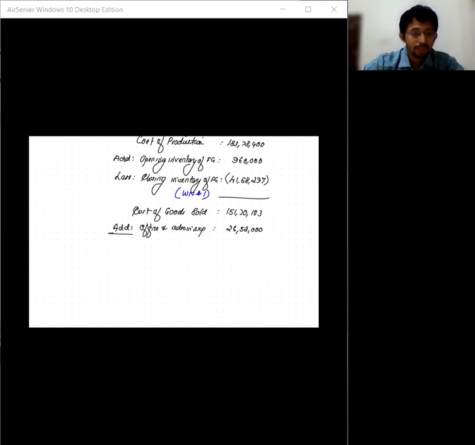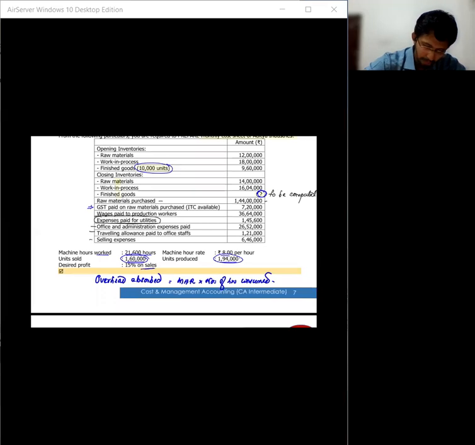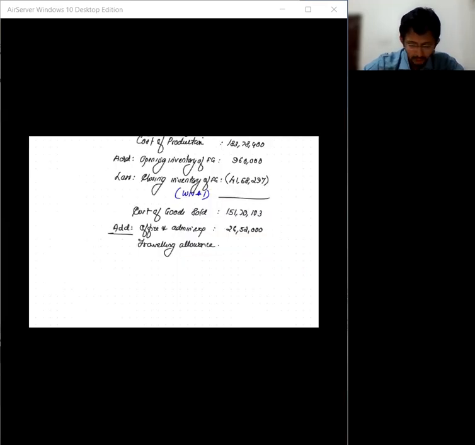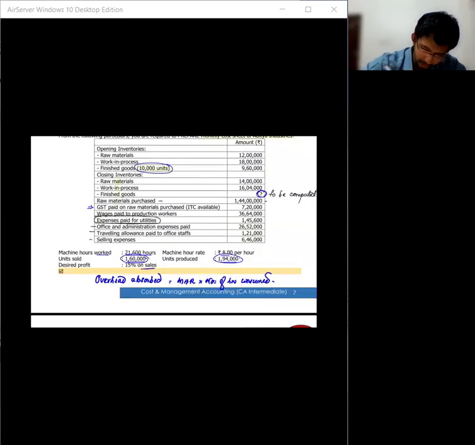Next is traveling allowance paid to the office staff. So it is general administration expense itself. The amount is 1,21,000.